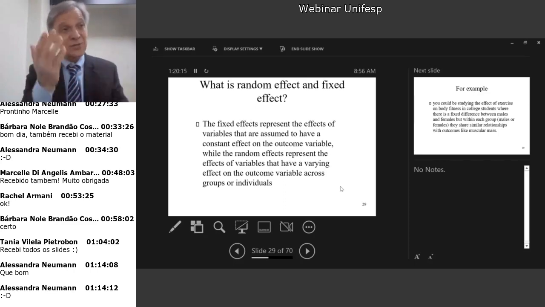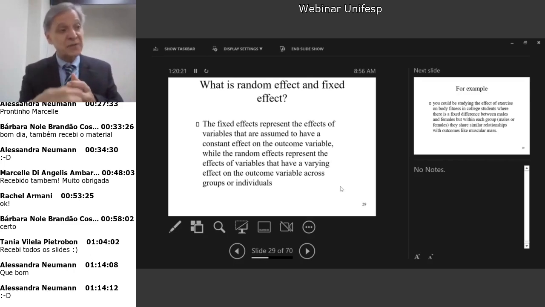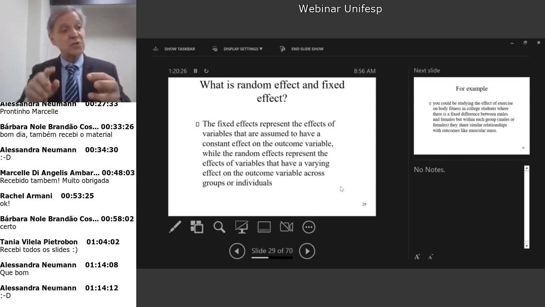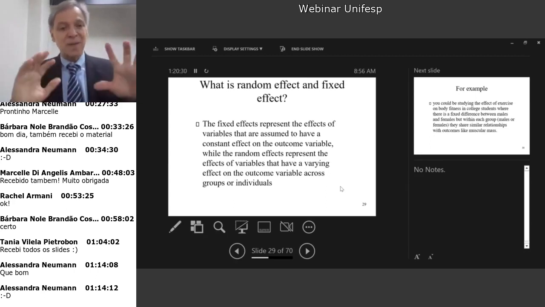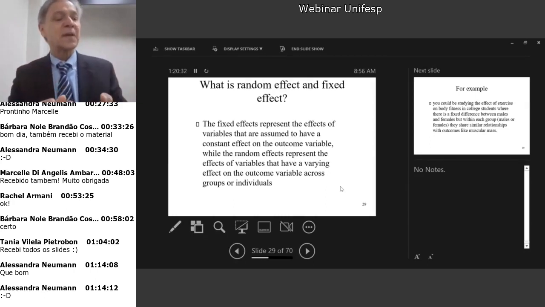Well, you have two levels of variance. Are these people inside the group fixed within the group? Yes, the group is a fixed effect, but across them, they vary. And then they also vary between groups. So you create different levels of variability, and you had better use a random effect for that, okay?